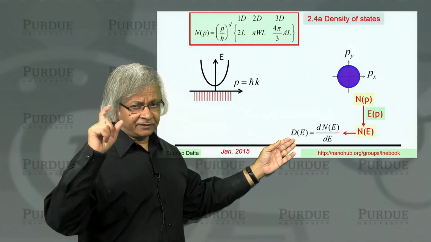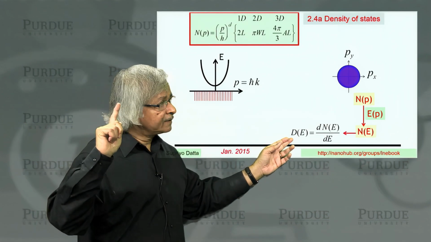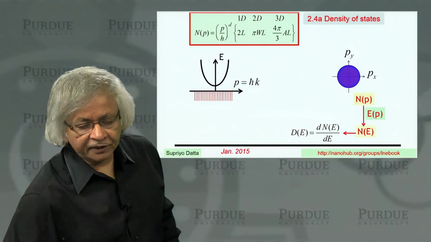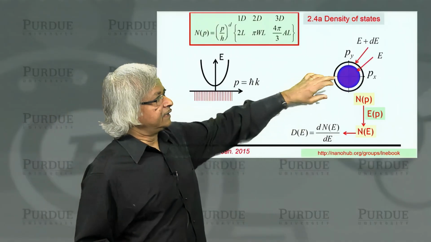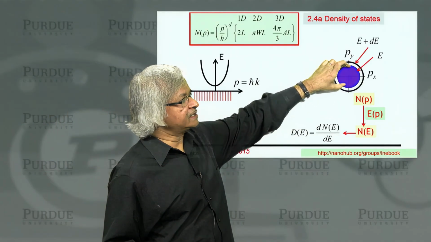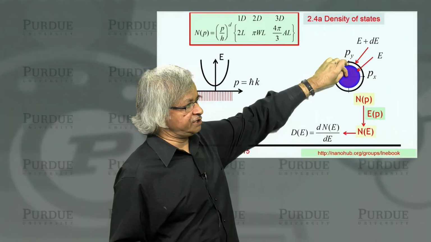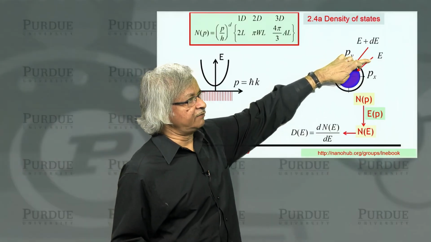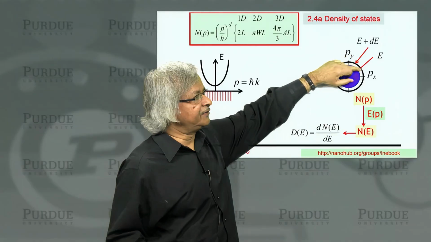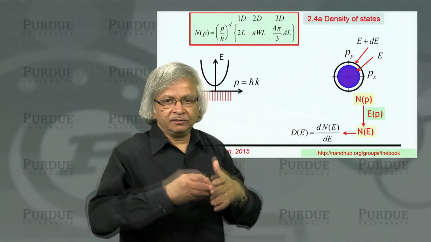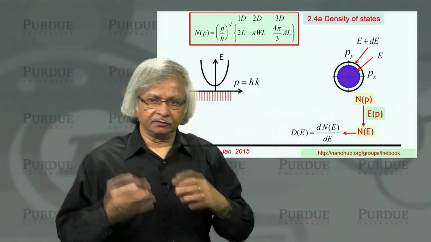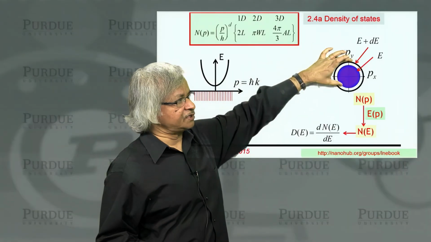Why is that? That requires a little bit of thinking, because the way you should think about this is, you see, N of E tells us how many states we have in this blue region, assuming that the blue region corresponds to a certain value E. Now let's increase E a little bit from E to E plus dE. So correspondingly the momentum's increased a little bit, and so we have a slightly bigger circle.